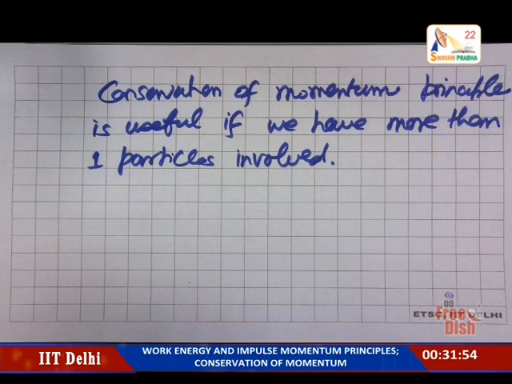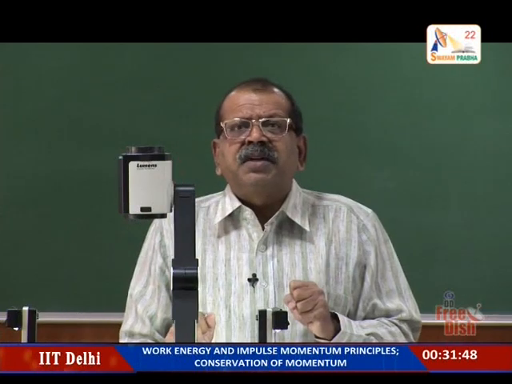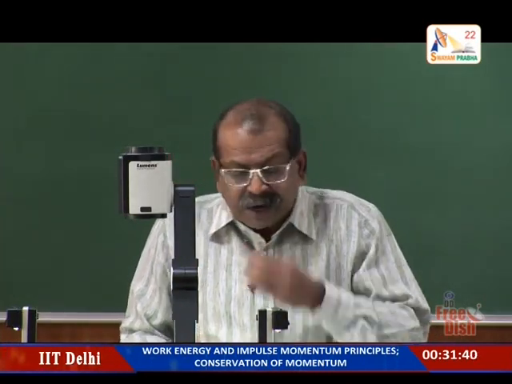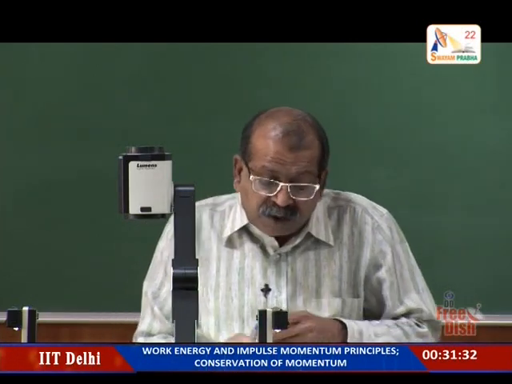As we have seen in the example for energy, there were two blocks, and if we consider both of them together as a system, there are cases like that where we have two particles, and if these two particles are interacting, then the principle of conservation of momentum can be useful, and we will see how it is done.